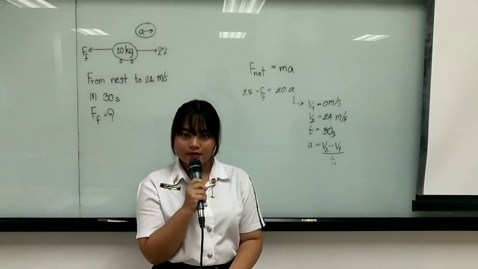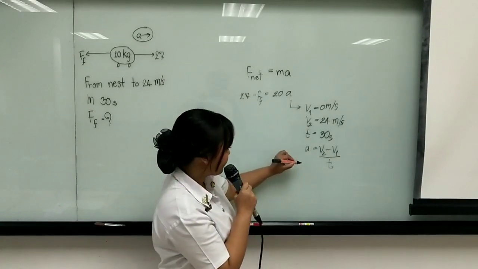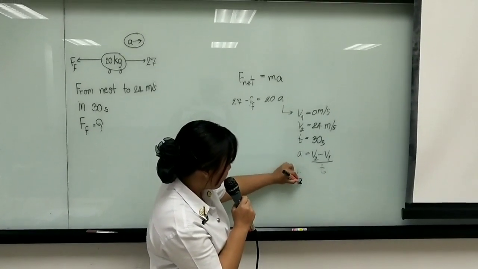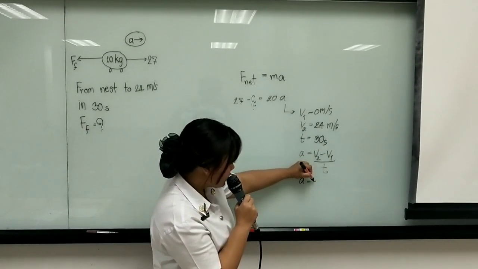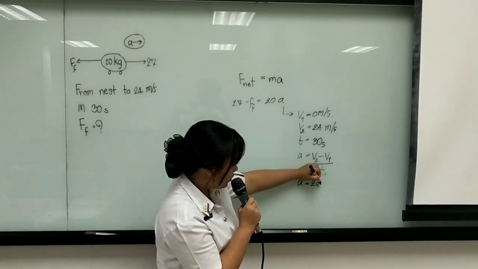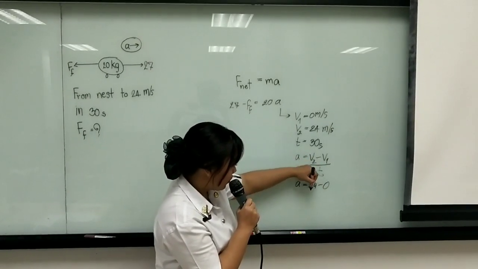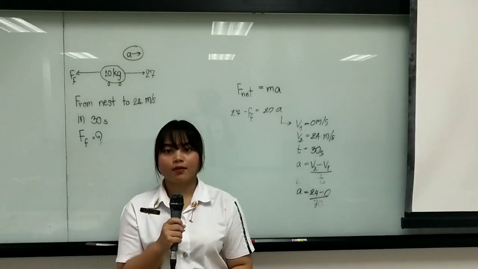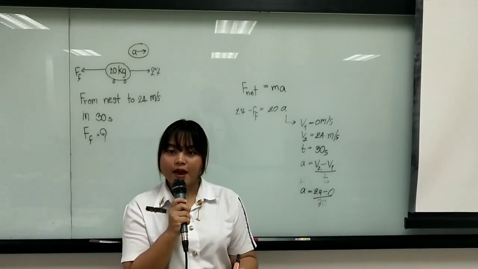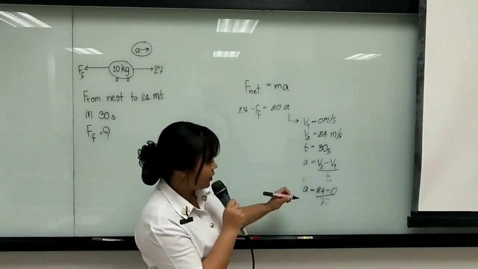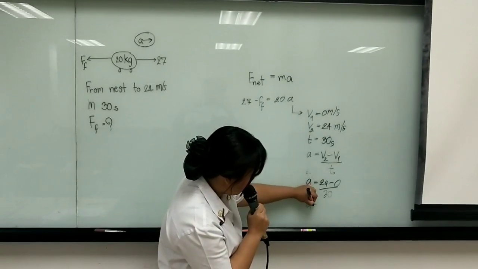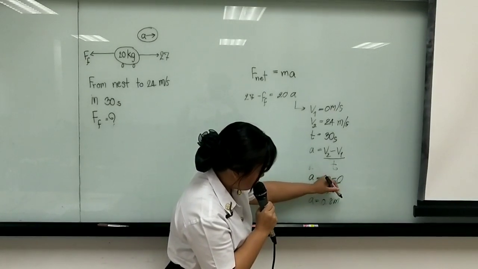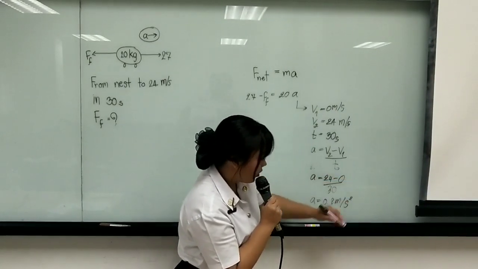In this case, a equals 24 minus 0 over 30, and the acceleration is 0.8 meters per second squared.